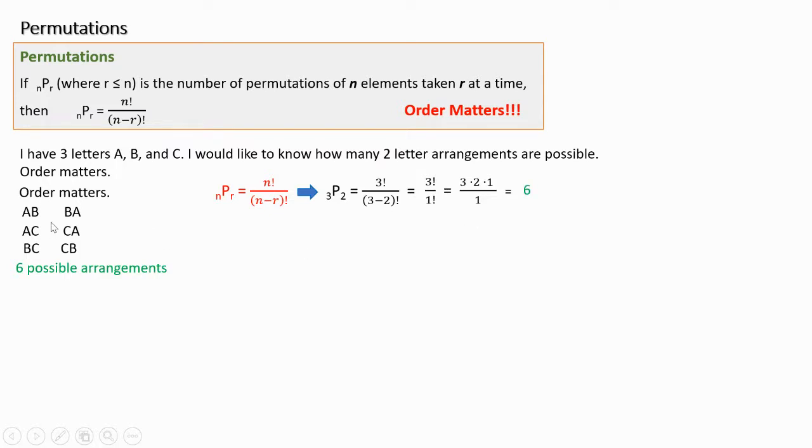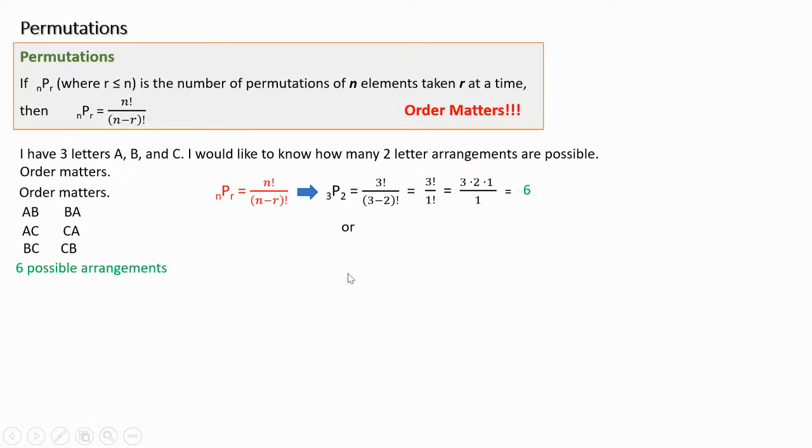The answer is 6. I like to use this example for permutations and combinations because making 3 letters into pairs of 2 is easy to explain. Once you have more letters, it's hard to explain all the different arrangements. That's why I like to use this example.